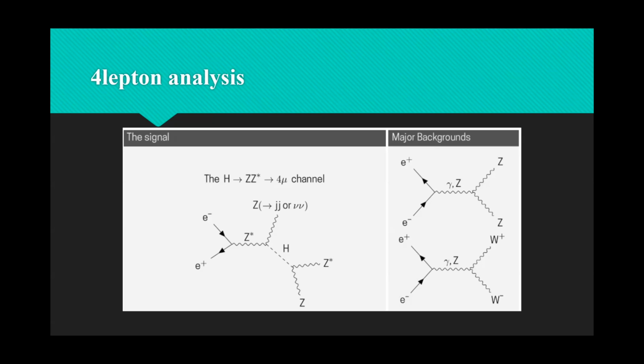However, the signal competes with several irreducible and reducible background processes, which can be production of Z pairs, W pairs, ZQQ, and other Higgs decay channels like decays to bottom or charm quarks, taus, gluons, etc. that may mimic the 4-lepton final state.